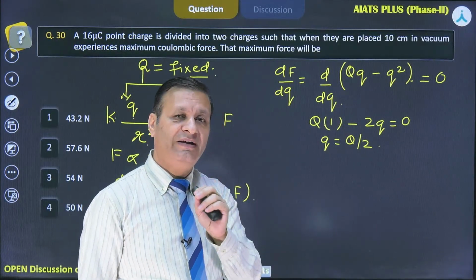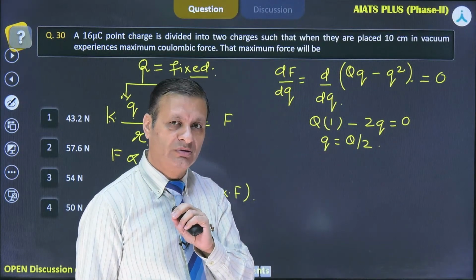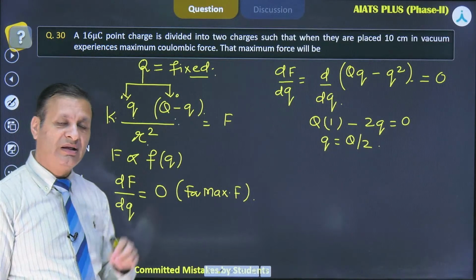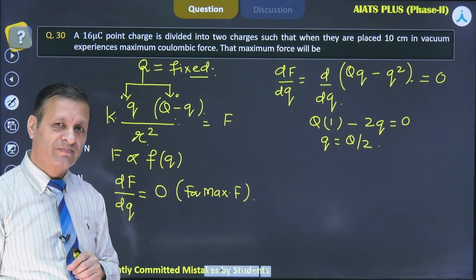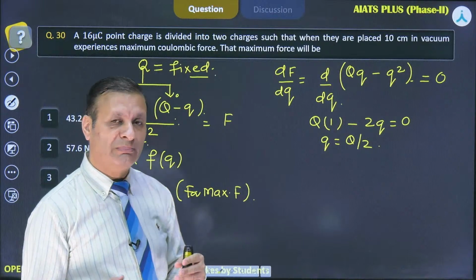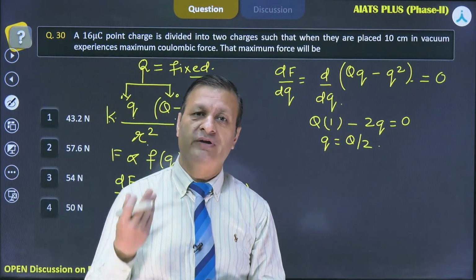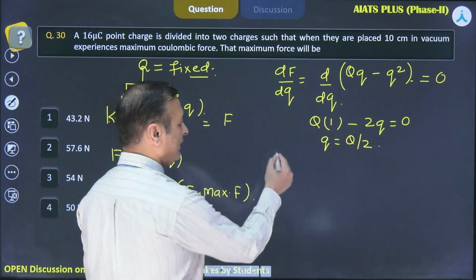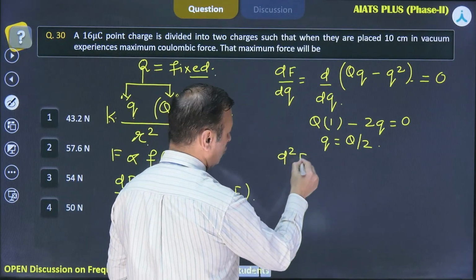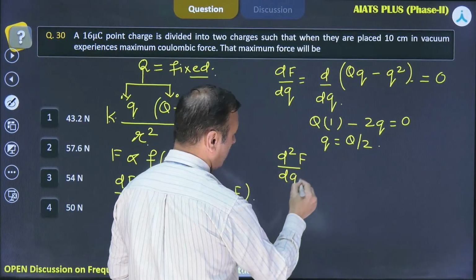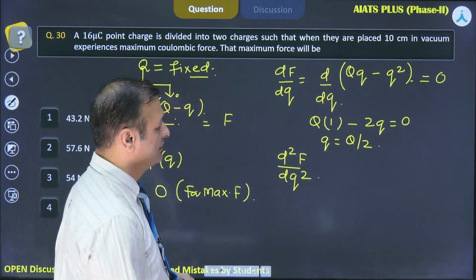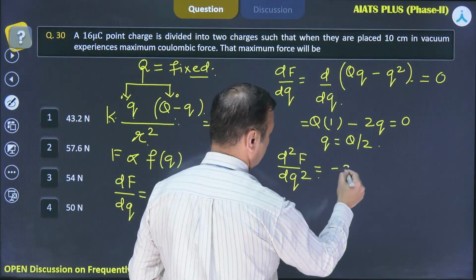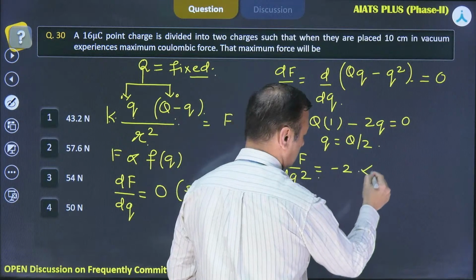But there is a valid logical question. Will only this step decide the maximum force between the 2 charges, or do we have to check something more before we conclude that yes, the force would be maximum? For that, the second order derivative will also be required, and the second order derivative for this expression gives you -2, which is less than 0.